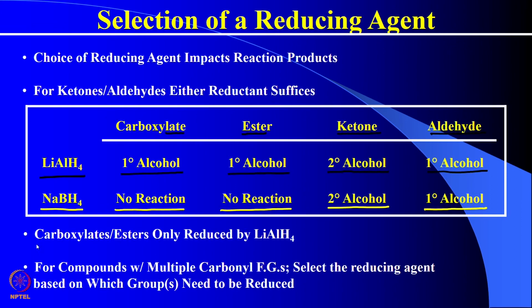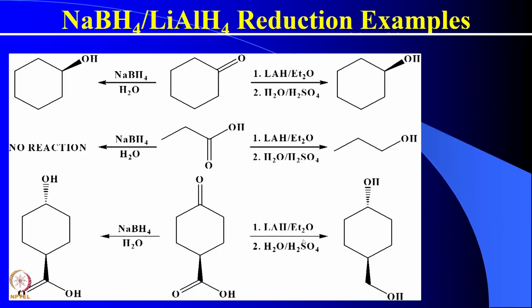So carboxylate groups or esters are only reduced by lithium aluminum hydride. For compounds with multiple carbonyl groups, we can select the reducing agent based on which groups need to be reduced. In the following slide, we will see some of those examples.